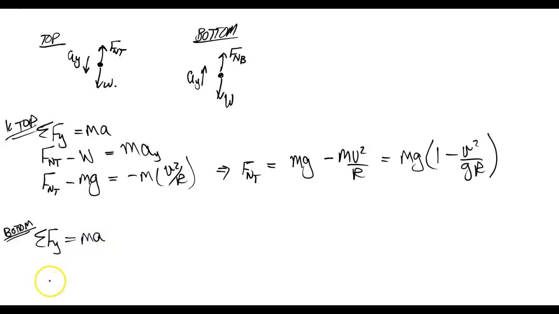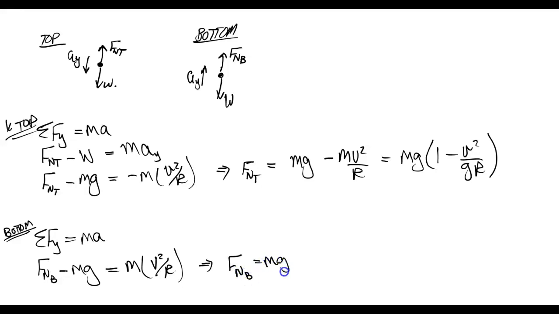We get the normal force on the bottom minus mg again, the weight, equals m times a, but this is a positive v squared over r. And again, if I do the same thing as I did before, F normal bottom would equal mg plus mv squared over r, which equals mg times 1 plus v squared over gr.